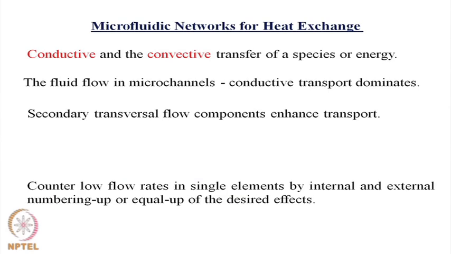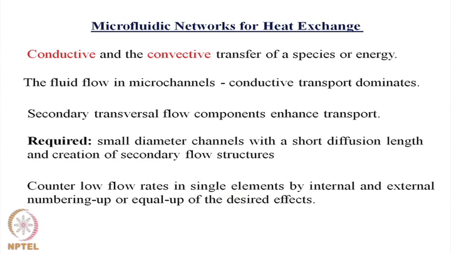Now, the requirement here is small diameter channels with a short diffusion length and creation of secondary flow structures. If we can have a small diameter channel whose diffusion length is obviously small, and if we can create a number of secondary flow structures, then we are going to get both conductive and convective flow, and we can enhance the transport process.